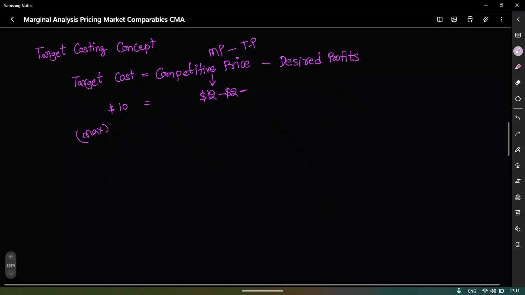So it is simple. First you determine the competitive market price. After that you determine your desired profits. Then compute the target cost and use value engineering techniques. What costing and production techniques are there? You apply all the managerial and operational techniques to meet your target cost without compromising product quality and functionality.